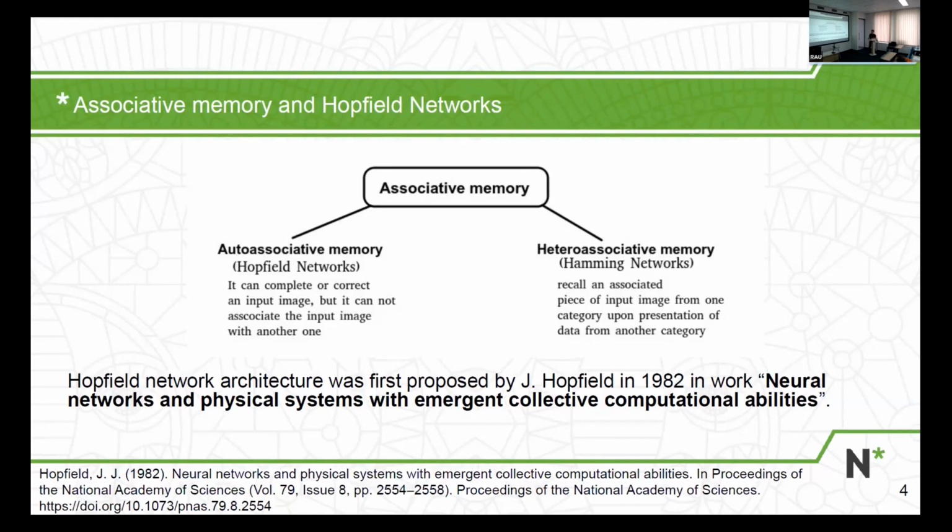And heteroassociative memory recalls an associated piece of the input image. So it just gets an image as an input and makes another image as an output.